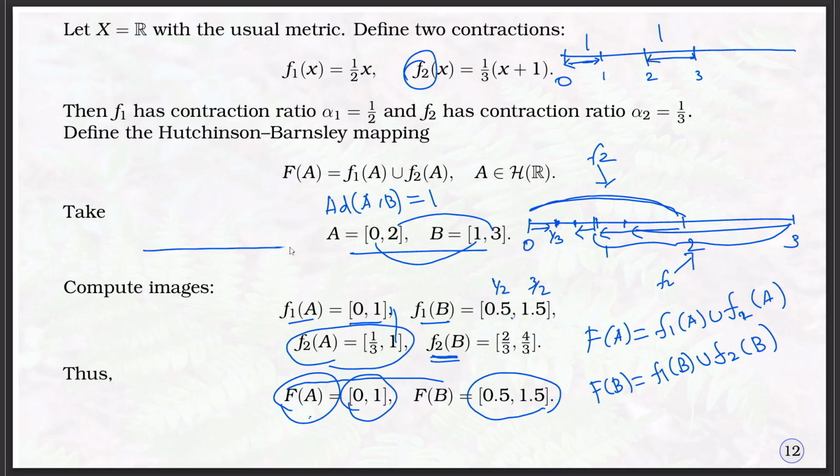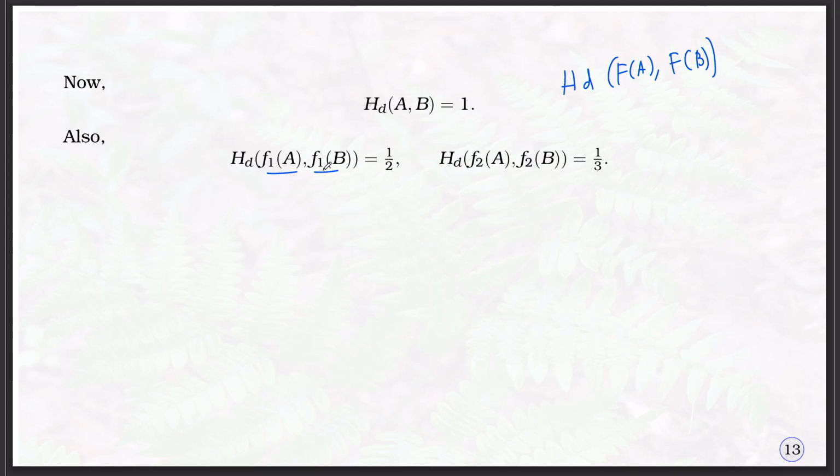That means if we take 0 comma 1 and 0.5, 1.5, we need to find these two numbers and take the maximum. 1 to 1.5 is 0.5 and 0 to 0.5 is also 0.5. Therefore, the Hausdorff distance between f1 of A and f1 of B is 1 by 2.